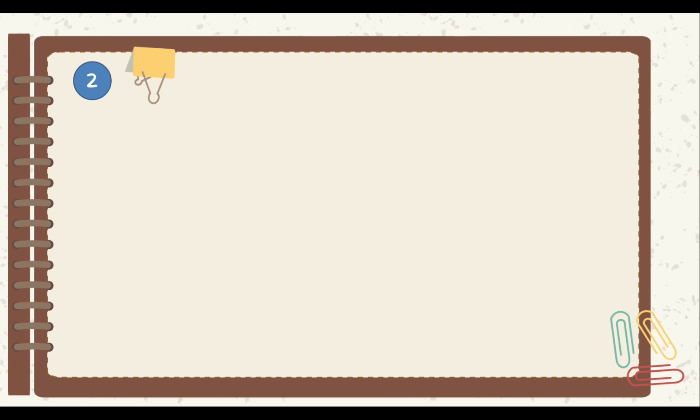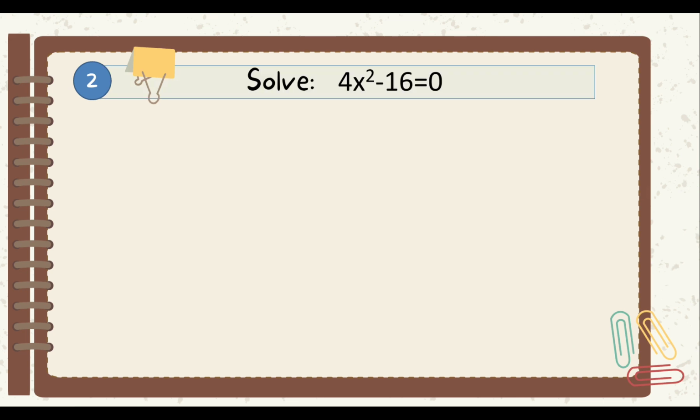Next, another example. We have solve for 4x squared minus 16 is equal to 0. It follows the same format as in the previous, but this time there is a coefficient of x squared, which is 4. So, first step, isolate the x squared. What do we do to isolate it?